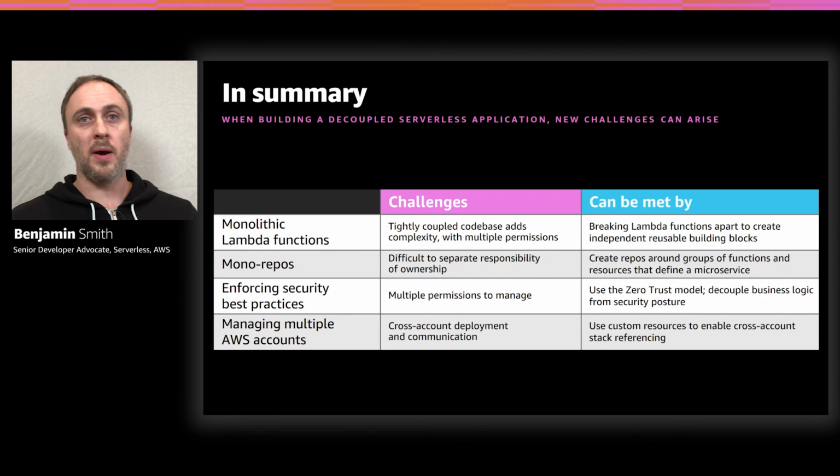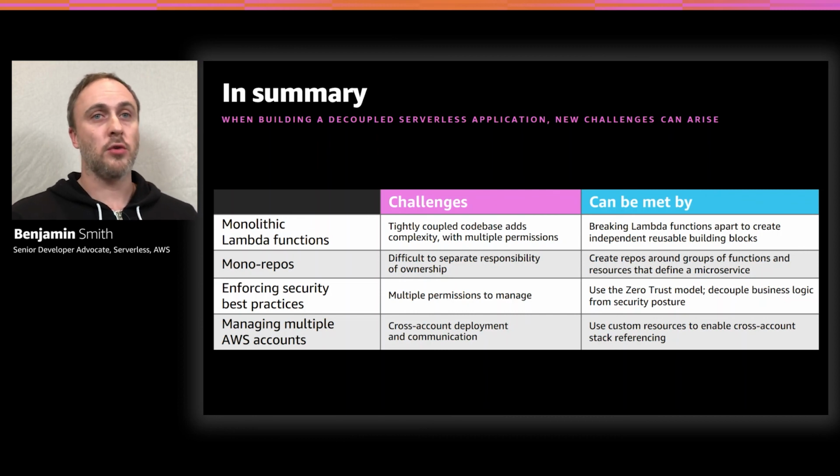And this can be solved by breaking apart that Lambda function into multiple functions to create independent, reusable building blocks of finite scope. And if you do have these large monolithic Lambda functions, you might also end up with a monorepo, which can make it difficult to separate responsibility of ownership and start to slow down your developer release cadence.